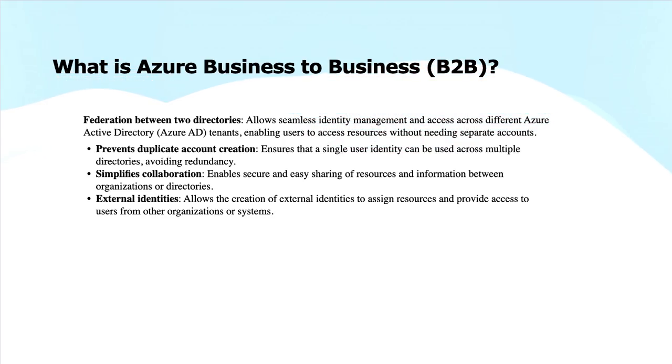In short, Entra B2B allows companies to extend secure access to their resources and collaborate with external entities without compromising security or requiring them to manage additional identities of their partners.